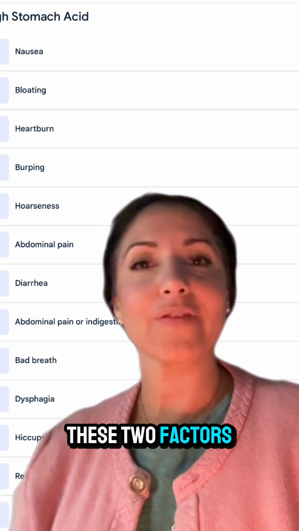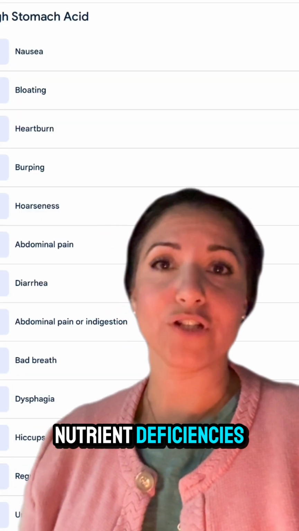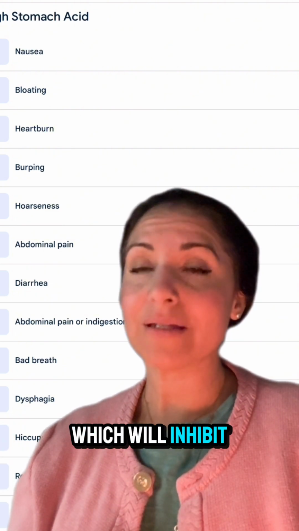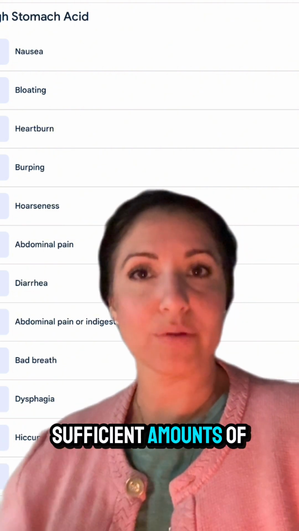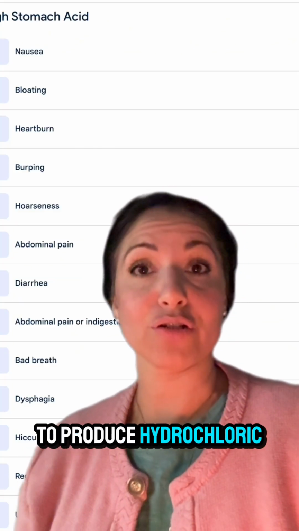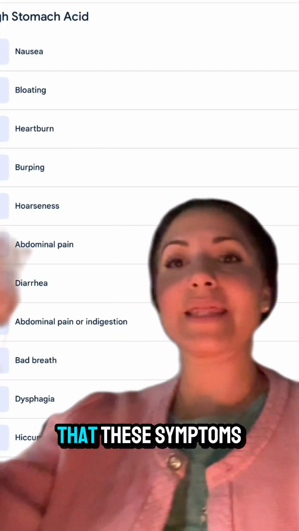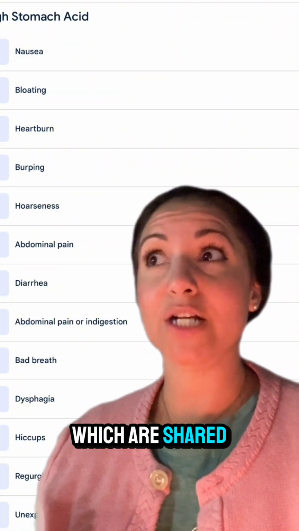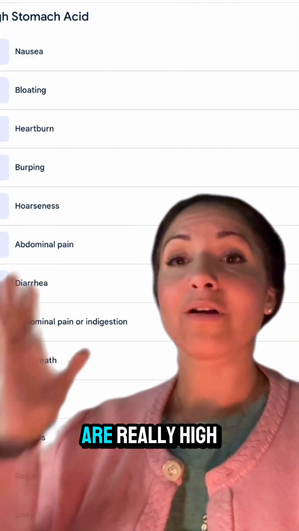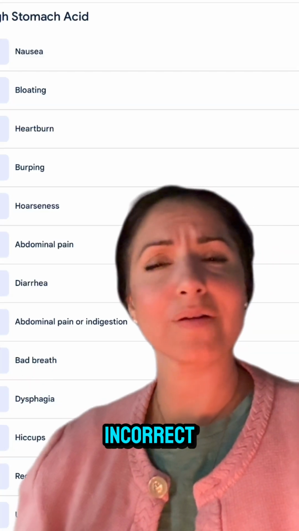Guys, these two factors alone will create nutrient deficiencies, which will inhibit the production of sufficient amount of hydrochloric acid, because we need nutrients in order to produce hydrochloric acid. So the notion that these symptoms, which are shared with the other list of low stomach acid symptoms, are really high stomach acid is incorrect.